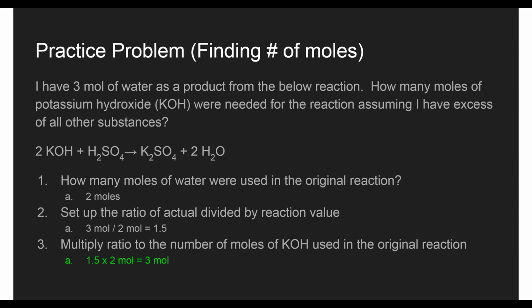We maybe used more and something else was limiting our reaction, but at a minimum, we needed 3 moles of our KOH to get that amount of water. We needed more than just this 2 to get there. And it makes sense that they're actually the same amount because we had 2 moles on this side, 2 moles on that side. Remember, it needs to stay balanced. We're not magically creating more matter, which means they need to stay the same ratio to each other.